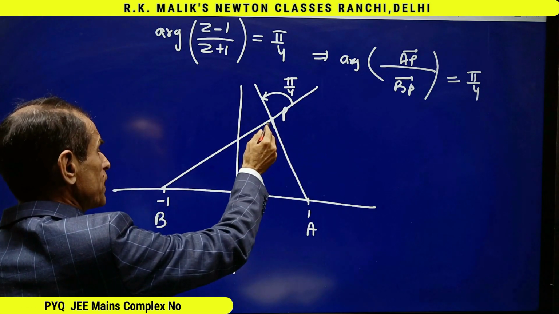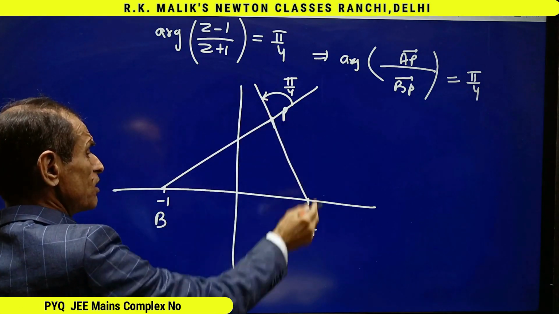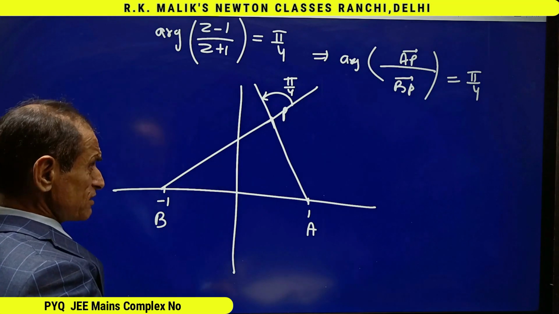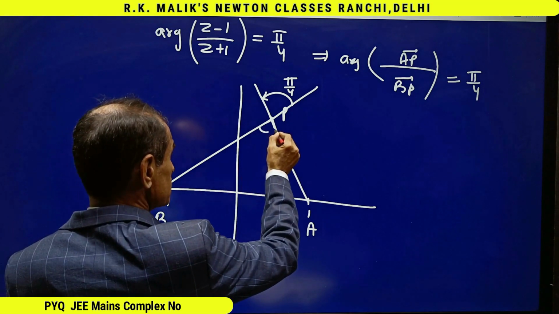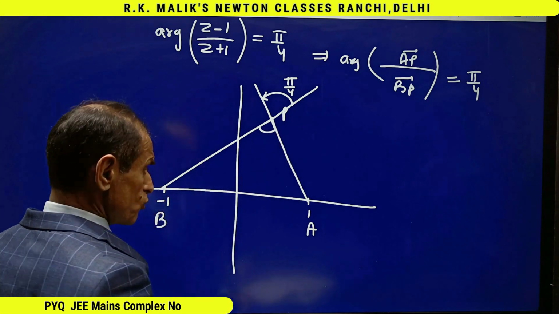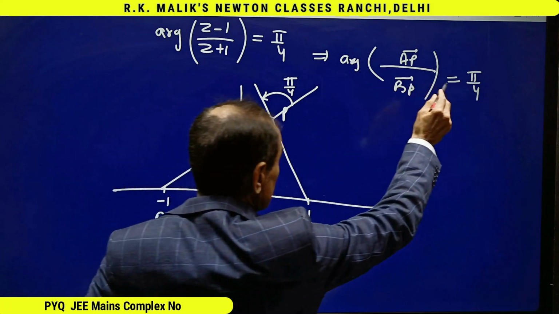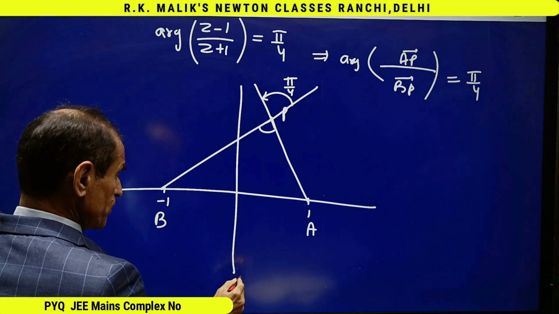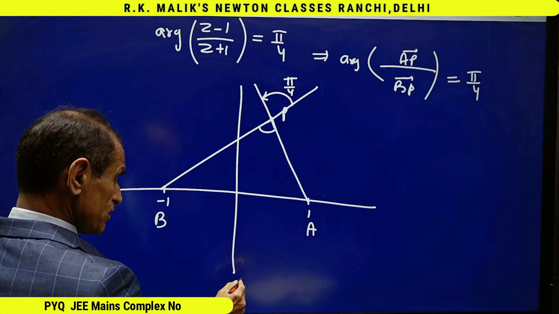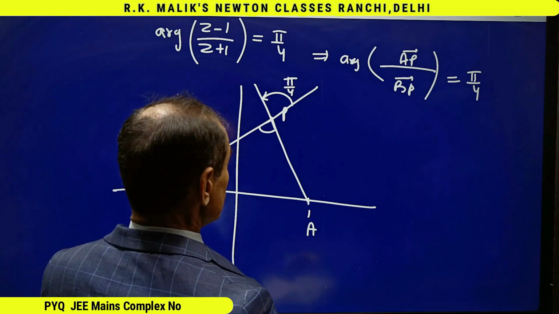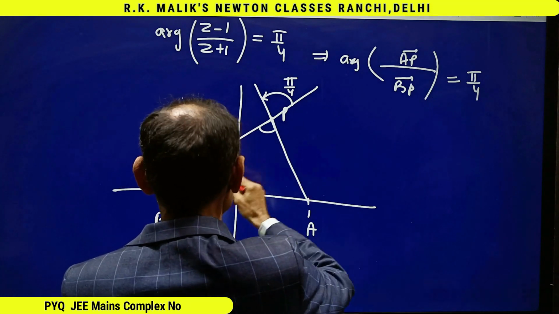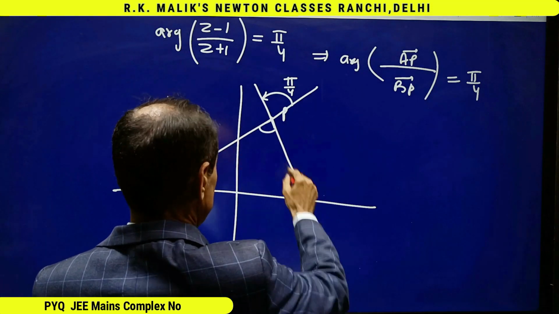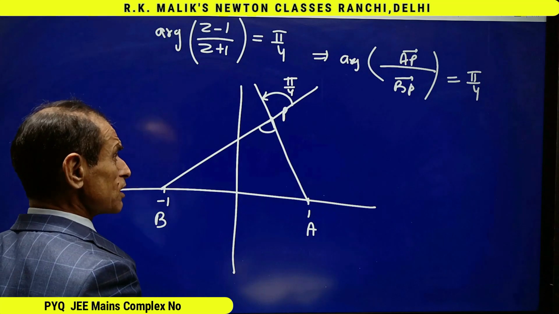Hence the point P will be moving somewhere above the x-axis and the angle is constant. Note that had the angle been minus pi by 4, in that case the point P would have been below the x-axis.